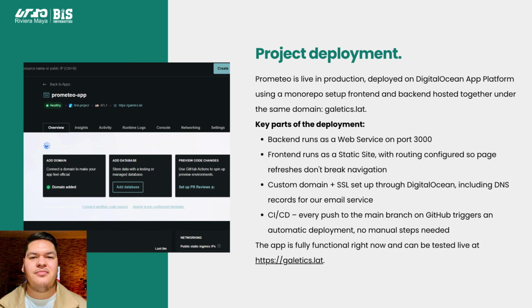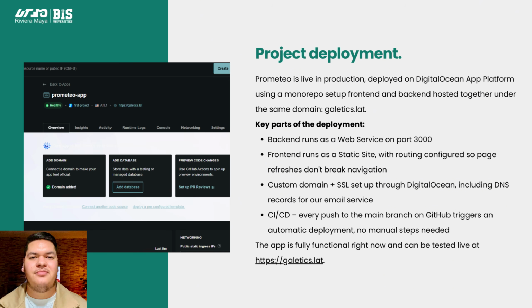The frontend is deployed as a static site with a special configuration so that React routes work correctly even when the page is refreshed. We configured a custom domain with an SSL certificate through DigitalOcean, including the DNS records needed for our email service to work in production.